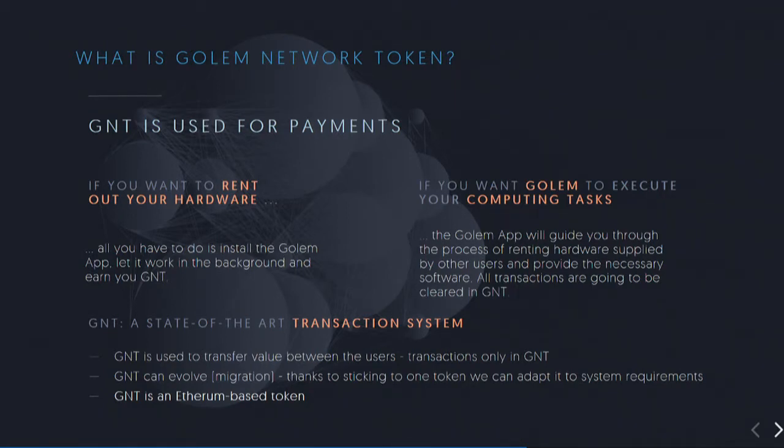If you want to use the network's power to compute something, you have to pay for that with GNT. So basically, this is a means to transfer value. And also, as you are free to set your own prices, even rapid changes in the value of GNT are rather neutral for network performance.